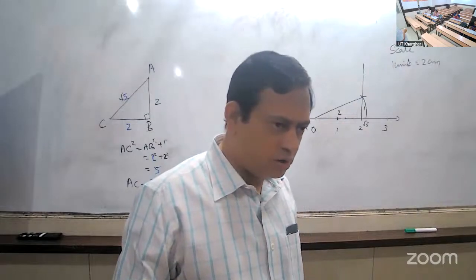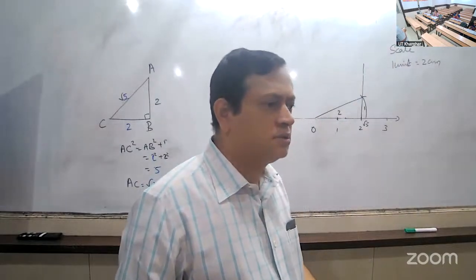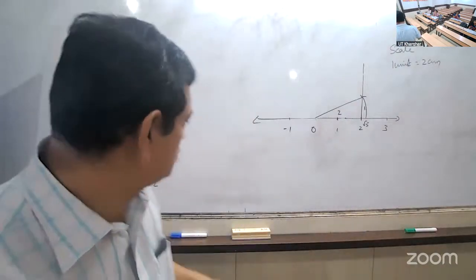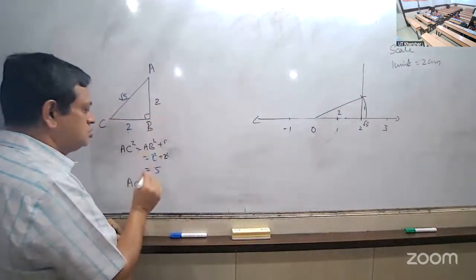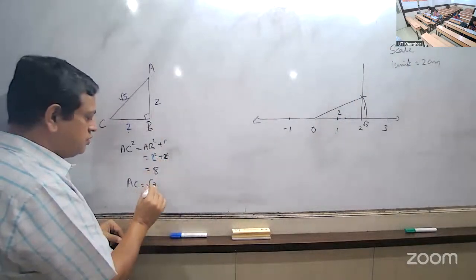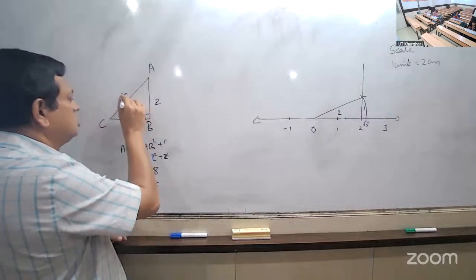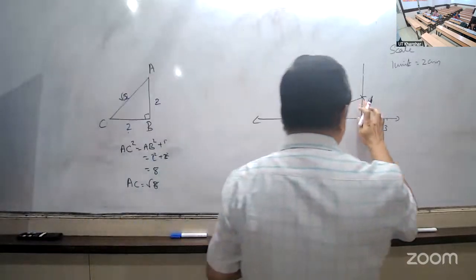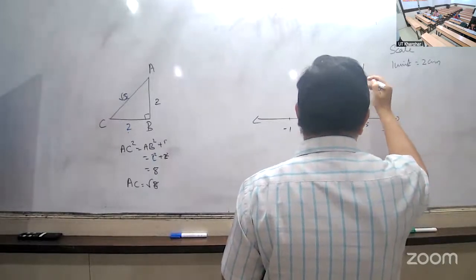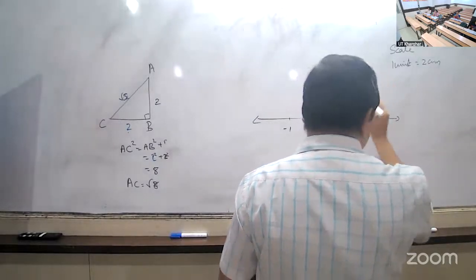Are you followed? How do you draw root 9? This is 2. This is 2. Check how much is 2 square. 4 plus 4 is 8. Therefore, this is root 8 now. So what you do? You draw a perpendicular. Instead of 1, you take 2. This is 2 and this is 2.